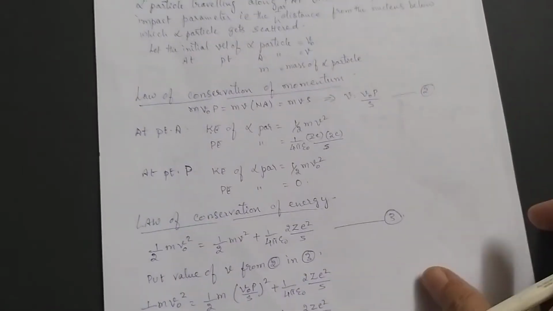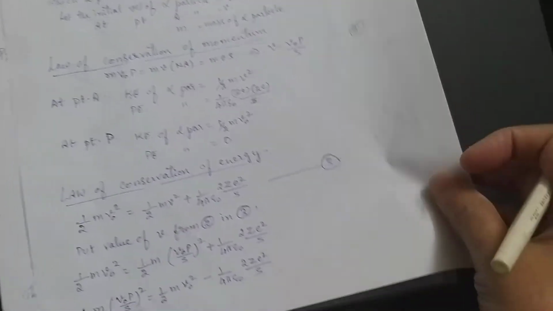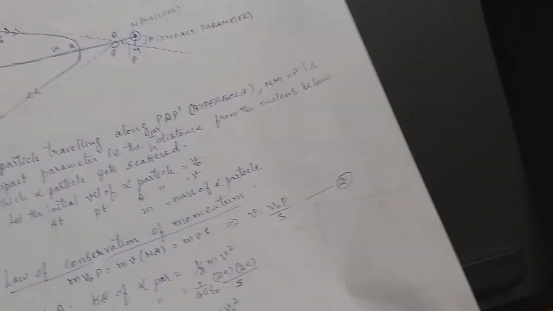Okay, so all these calculations have been shown in a very broad manner for you to understand. There are only two things here. Number one, you have to brief about the experiment. Number two, you have to show a special case where you are applying the law of conservation of energy and the law of conservation of momentum, and you are getting the relation between all these calculations.